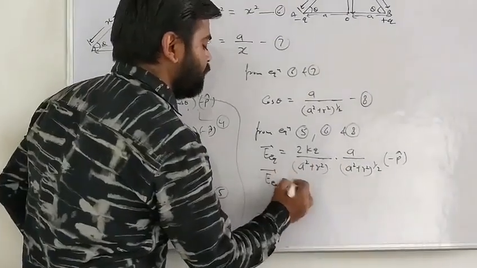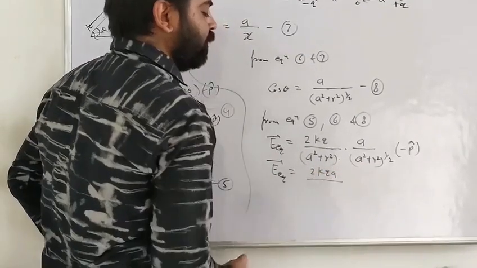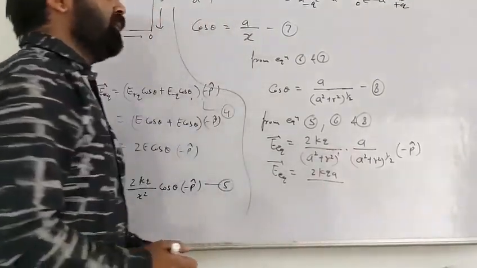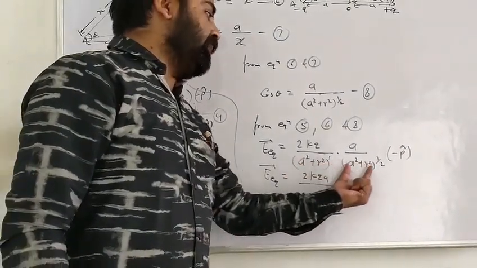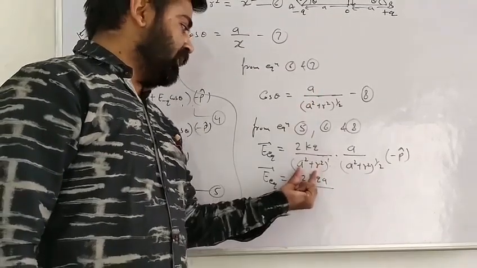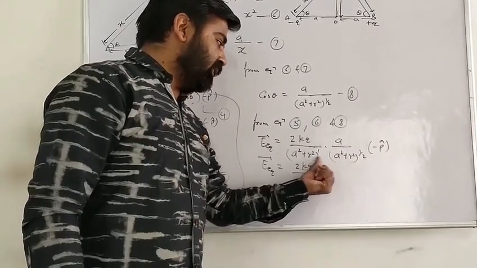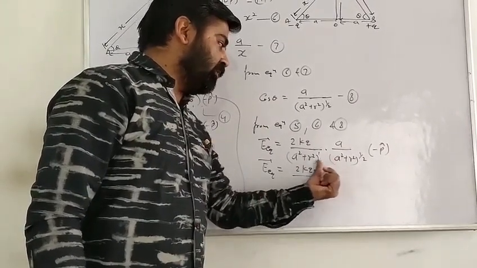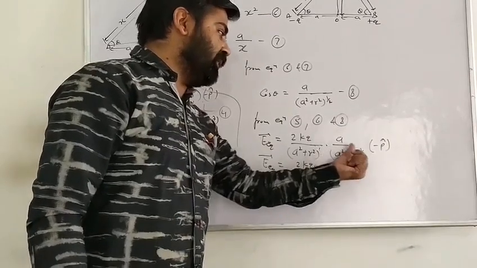We obtain E equatorial is equal to 2kqa upon... in mathematics as we know, at the same base in multiplication the powers will be added up. The base is the same, a square plus r square, and these quantities are in multiplication, so their powers will be added up.